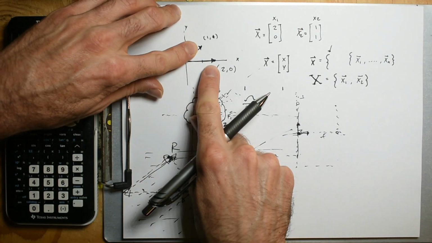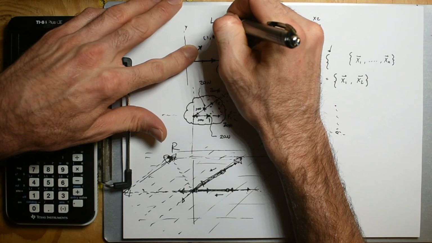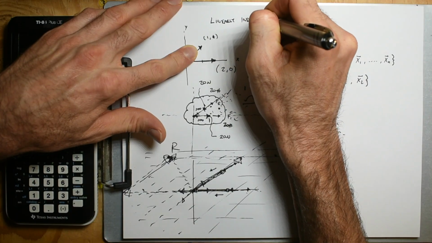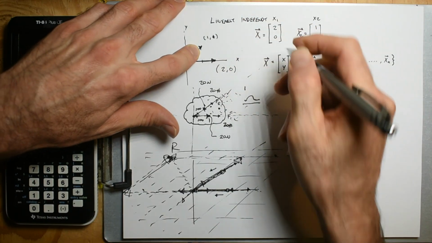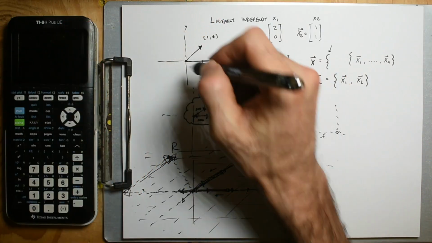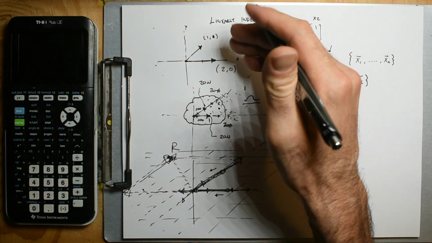These two vectors are what they call linearly independent, meaning that you can get this tugboat to any location.